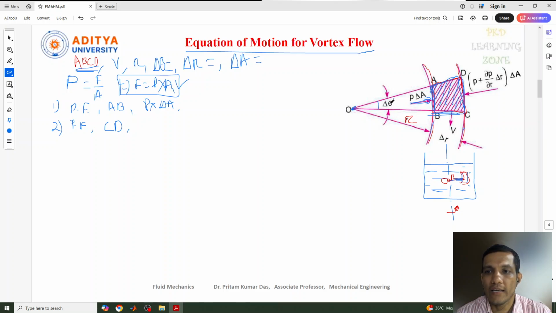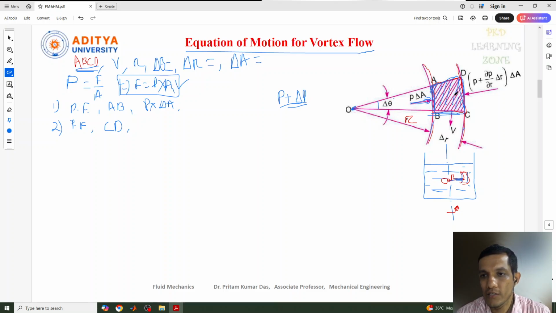So we can consider that as P plus some delta P. Suppose 5 bar pressure is there, and in this zone again some 2 or 3 bar pressure is there. Both adding, we get the pressure at this other surface. So that is P plus dP.